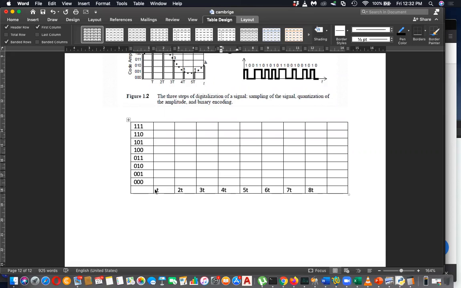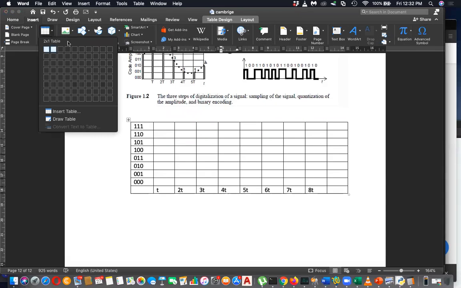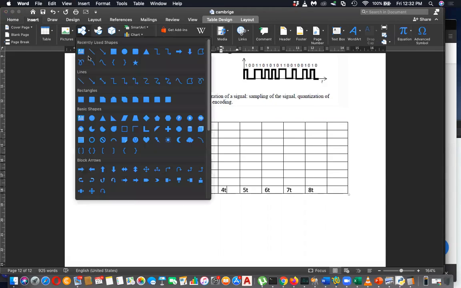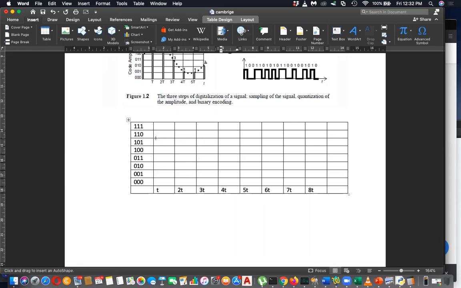In the Y direction, you have quantization. And let me draw my signal. I'm going to draw this curve. Okay, this is my signal.